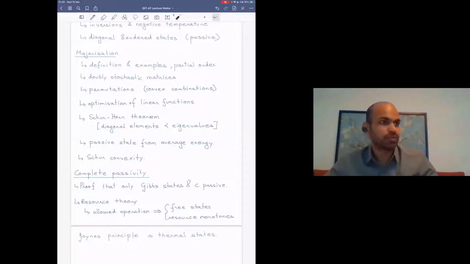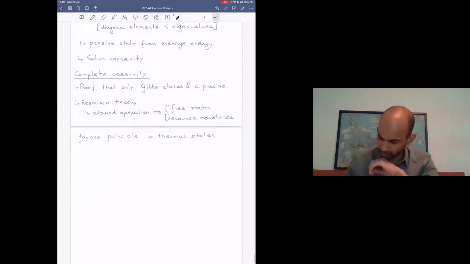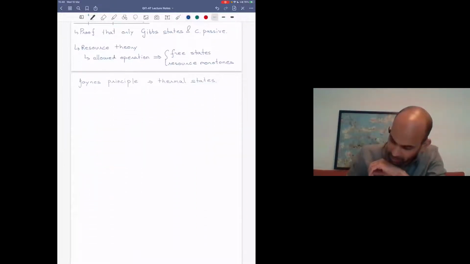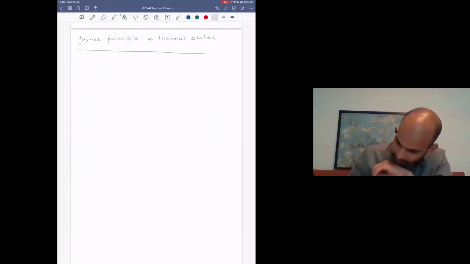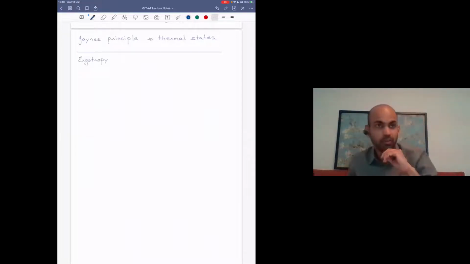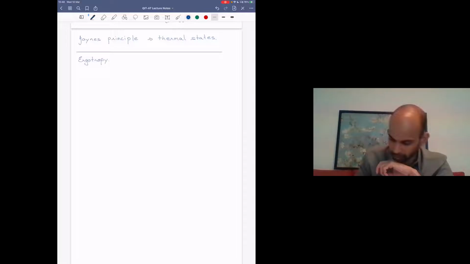Okay, so to begin, let's talk about the concept of passivity, which starts with the concept of ergotropy. So the ergotropy is very simply defined as the work that you can extract from a quantum state under a single unitary operation.